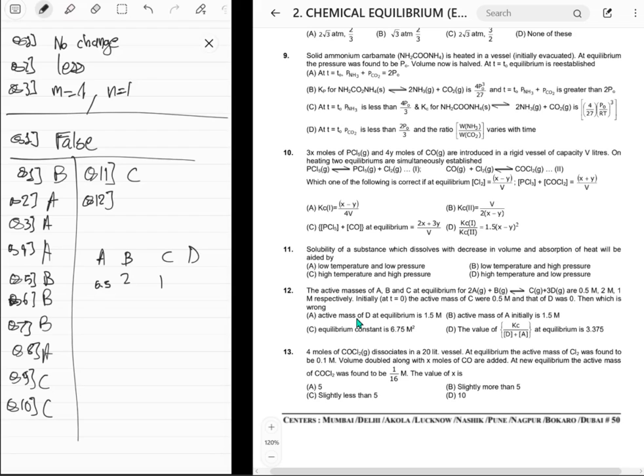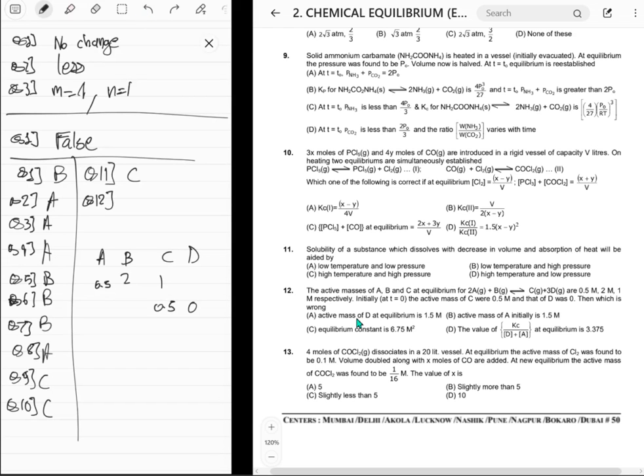Initially the active mass of C was 0.5 and that of D was 0. Oh, what? Okay, fine, it's not that bad, because this is 0.5, that means the reaction must have gone forward. So from there to there you can get a backward reaction.